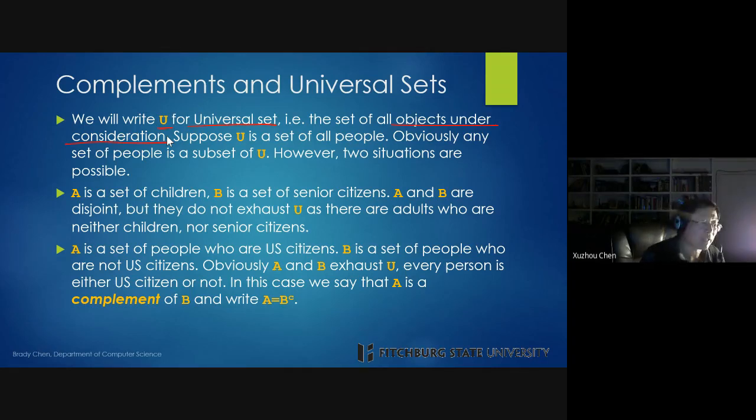Then we can talk about the set of all people in Massachusetts, the set of people in Rhode Island or in different states, or even in Boston. When we define the universal set, it's basically the set of all objects we're interested in.